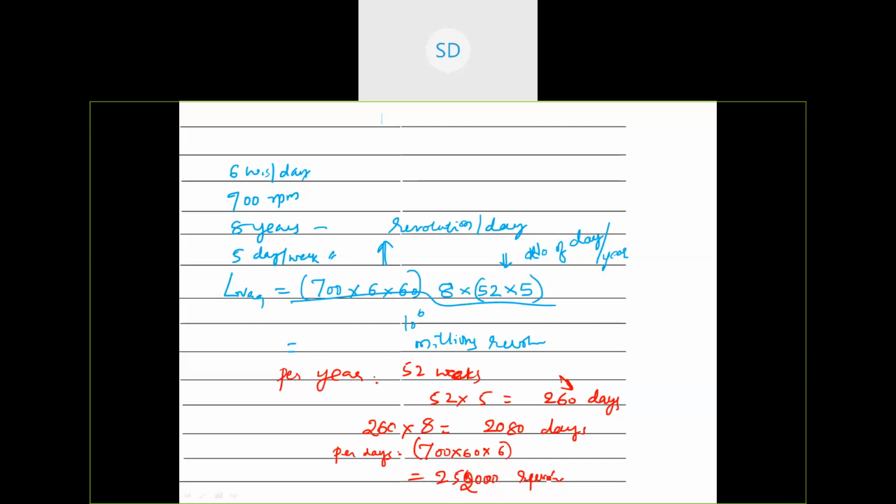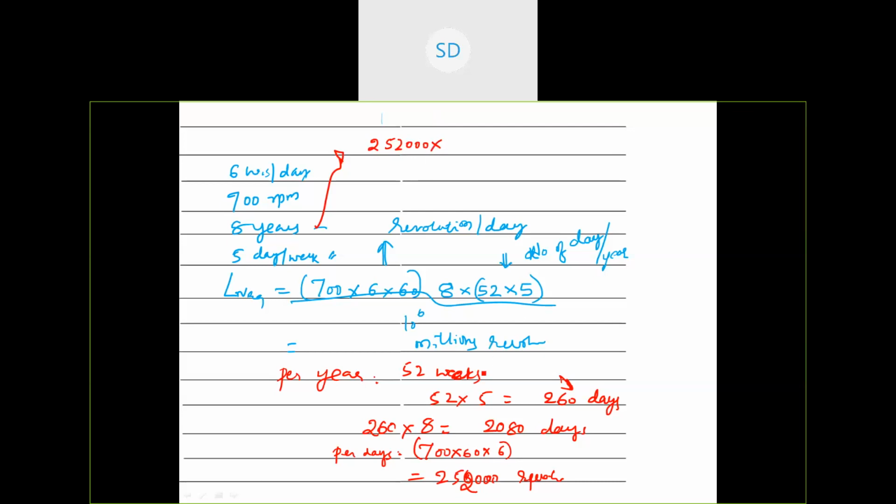Okay. Now, how many revolutions is it going to work for the entire period? That is, for 8 years, how many revolutions is it going to work? Let us multiply 252,000, which it is going to complete in a day, into the number of days.